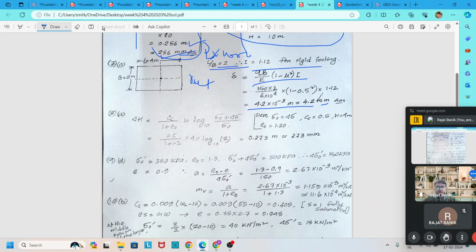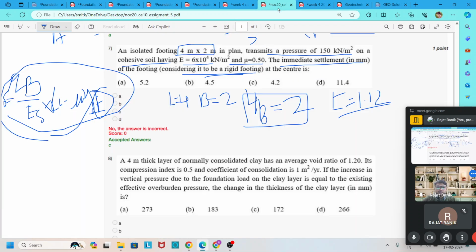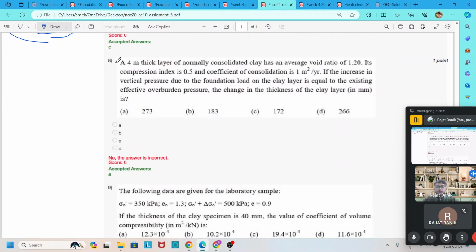Now come to question number 8. It is said that a 4-meter thick layer of normally consolidated clay has an average void ratio of 1.2.